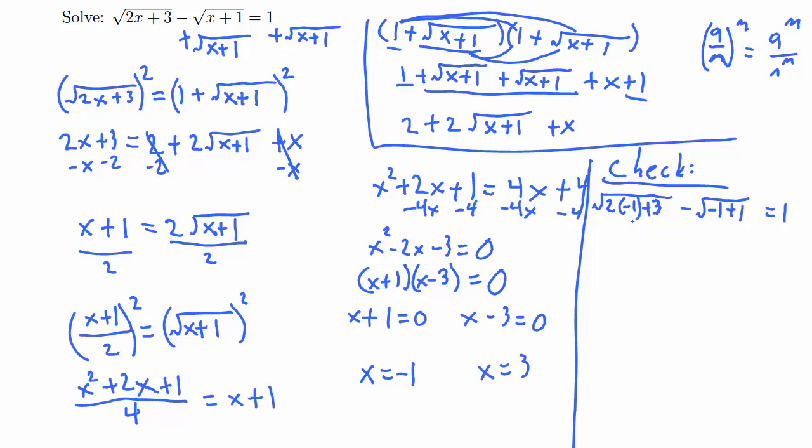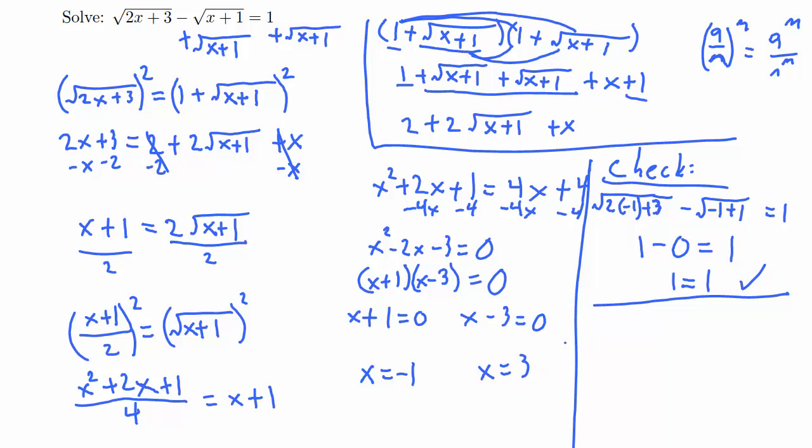Well, that's negative 2. Negative 2 plus 3 is 1. And what's the square root of 1? 1. Good. And then negative 1 plus 1 is 0, and the square root of 0 is 0. What's 1 minus 0? 1. Does 1 equal 1? I hope so. So that means that negative 1 is in fact a solution. Fantastic.